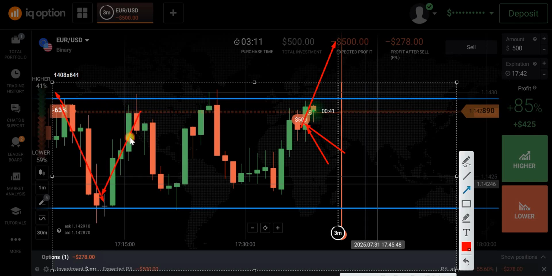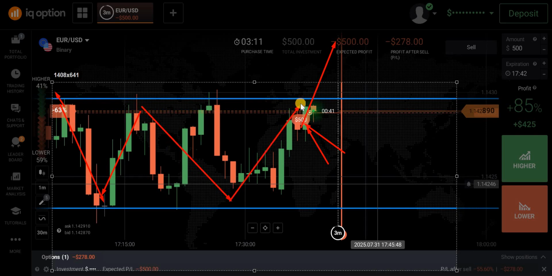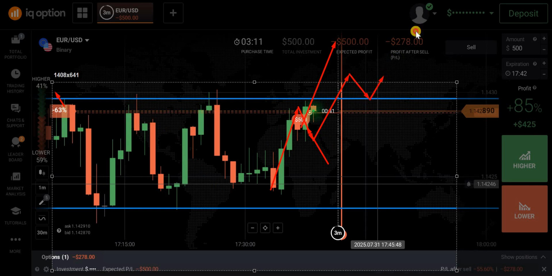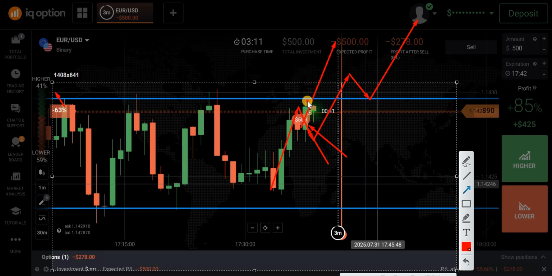For this market condition to change, the market has to stop behaving like this, and it has to start behaving like this. This is the market condition where this candle signifies a continuation. But in this market condition, it does not signify a continuation. It signifies that a reversal is coming up.